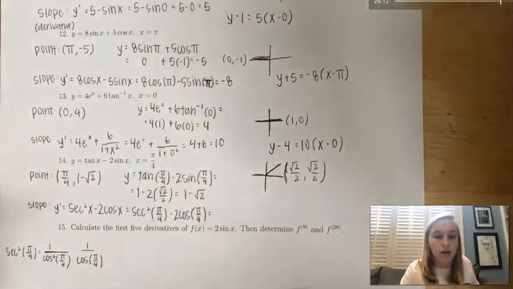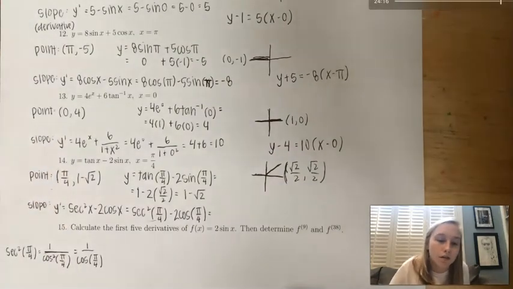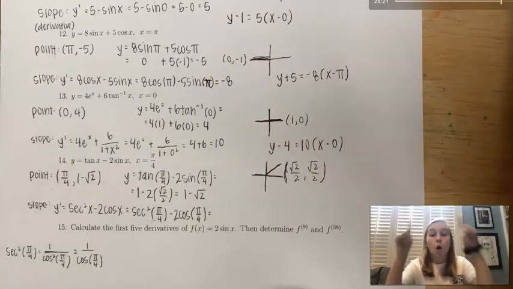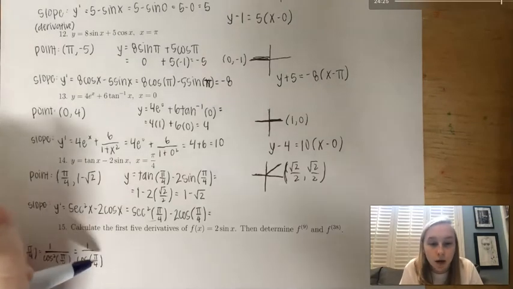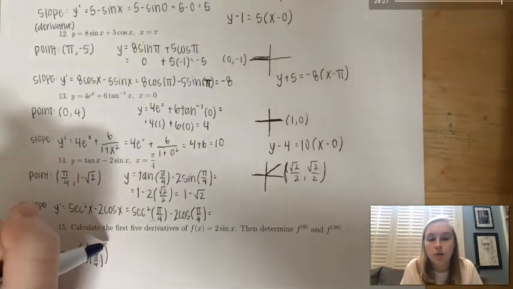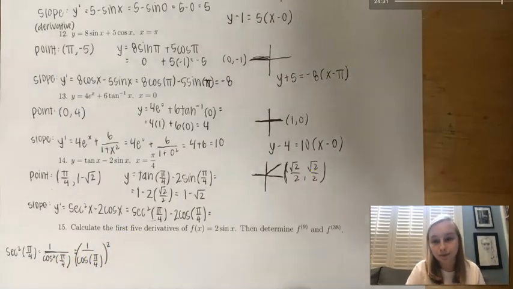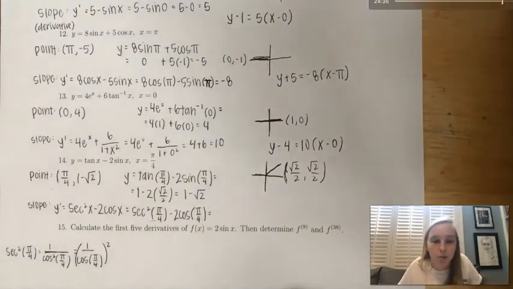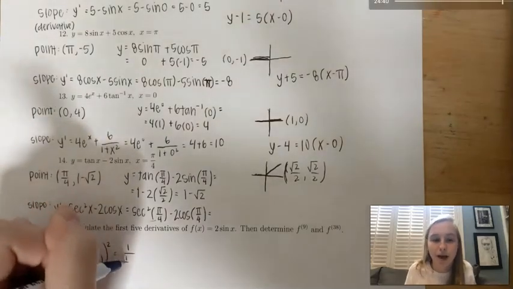So 1 over cosine squared really equals 1 over cosine, whole quantity squared, because remember, 1 squared just equals 1. So you can square that and it wouldn't change anything. So those two are equivalent. Okay, so this makes the problem a little bit more bearable because we know how to find cosine pi over 4.